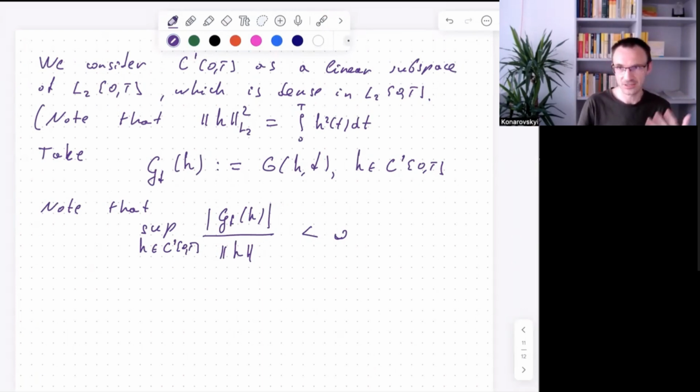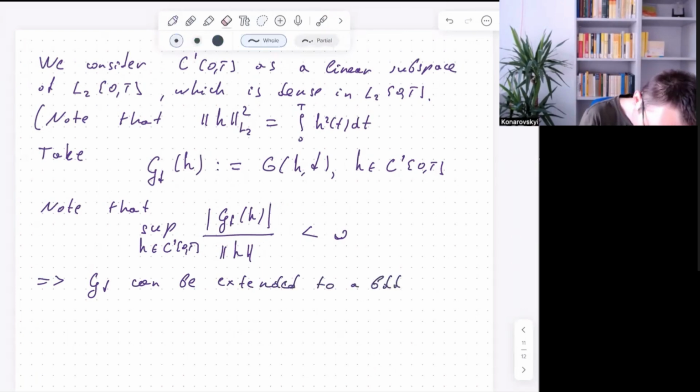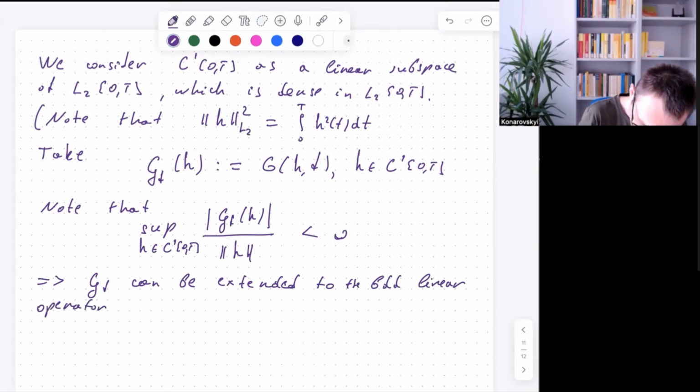But you know from functional analysis that in that case g_f can be extended to a bounded linear operator on L2(0,t).